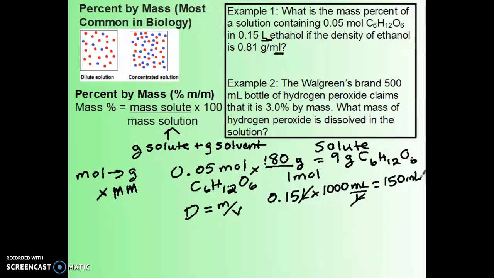Okay. Now, if we have our volume here, this is the volume of our solvent, and we have the density, that means we need to get mass by itself. And mass is right here in the equation.